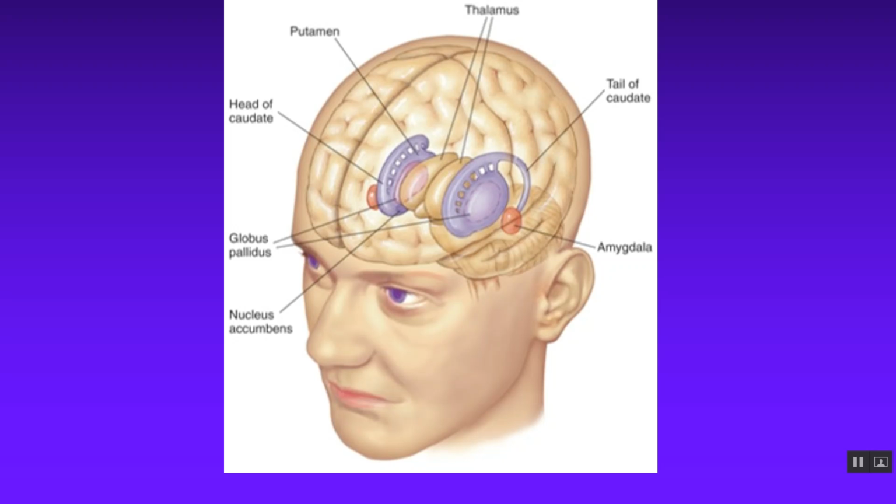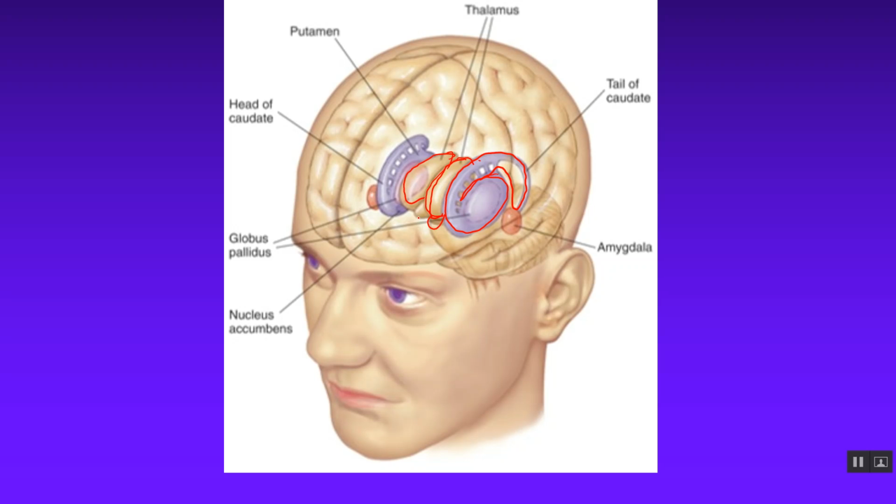All I want you to appreciate from this picture is that you've got these paired structures on both sides, deep within the cerebral hemispheres. I'm going to outline this structure right here. This is primarily our basal ganglia structures in purple. Just medial to that are these two egg-shaped structures. These are our thalamus.